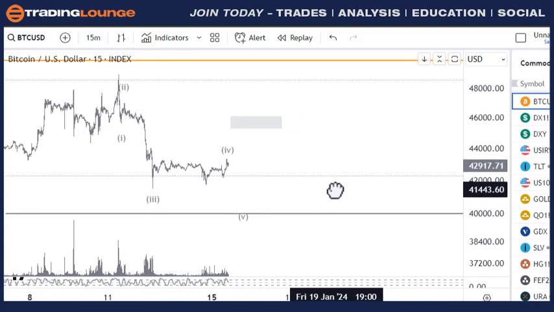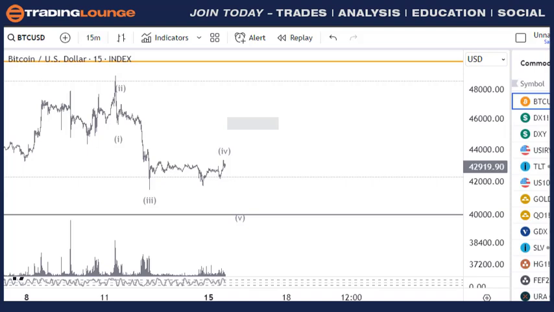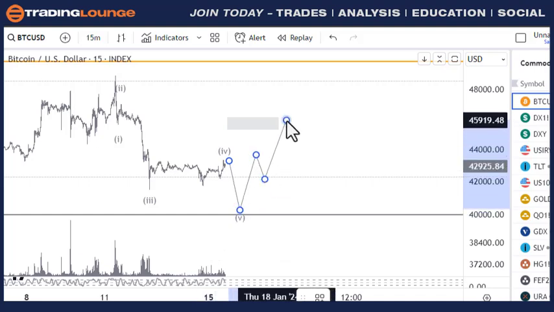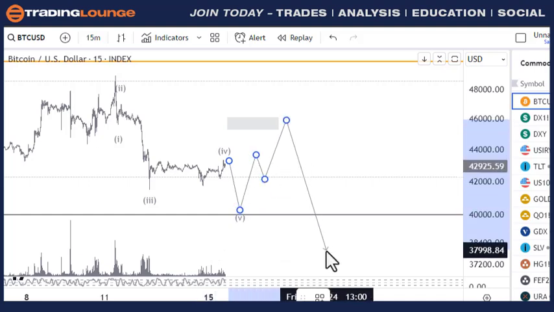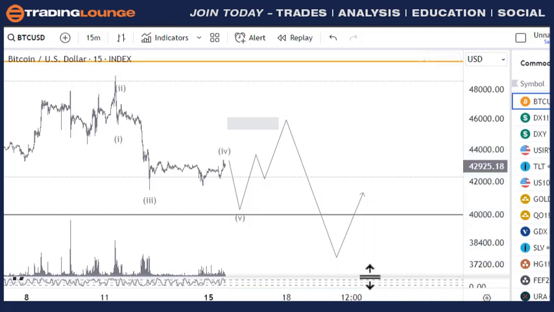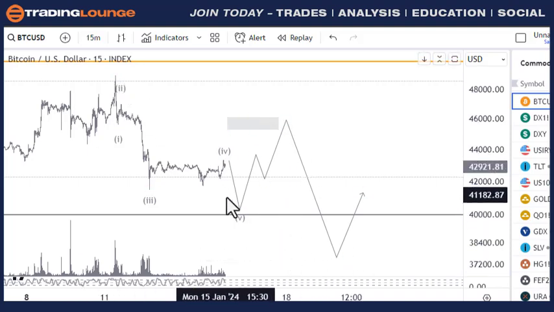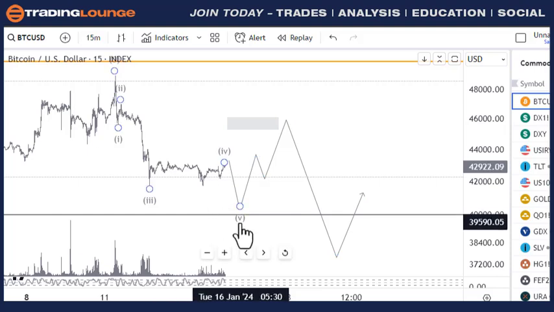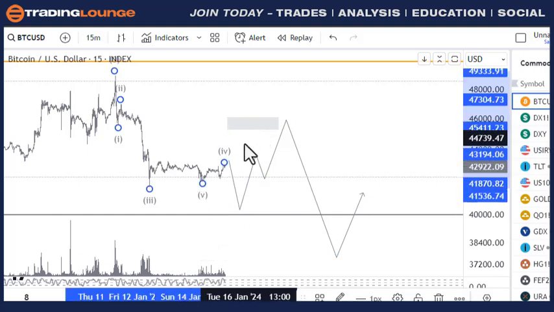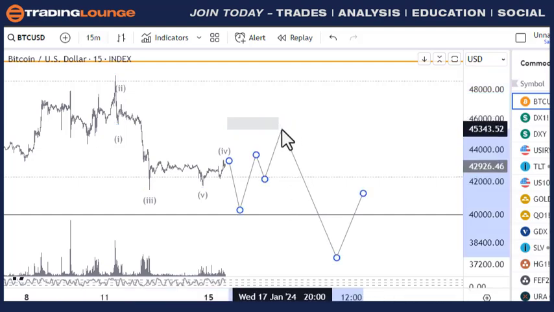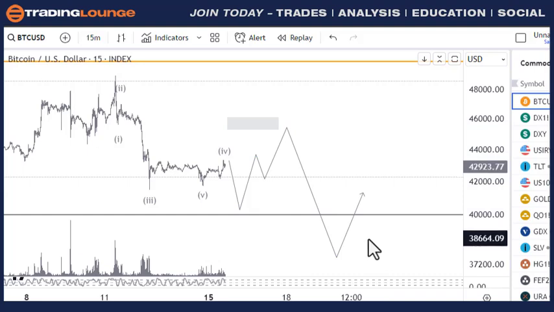We don't need to get too involved in it, because at some point we either come down here and have an ABC pattern up here, and then another move down to probably 38, 39,000, and then we make a move up. This leg will probably be roughly the same as this leg, and like I said, that could be the low there. We could already be having the ABC pattern. I'm not that fussed, I haven't really focused on it. I've just got a few other more important things to do.